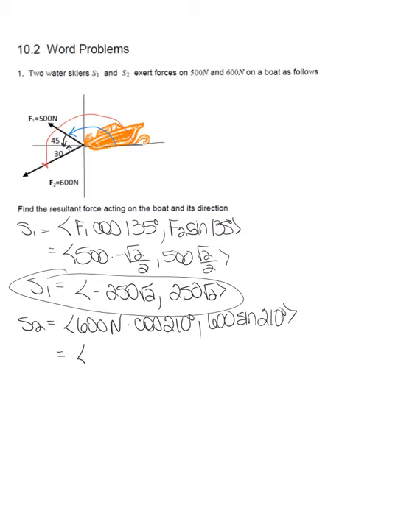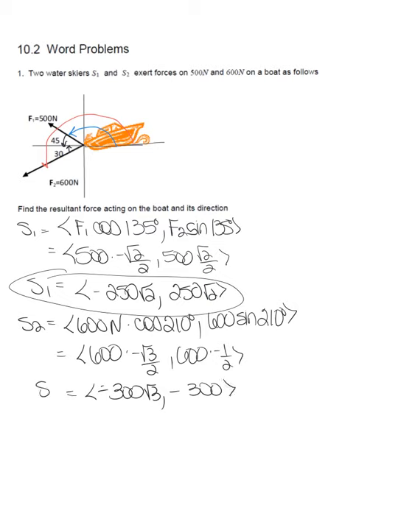And so this is going to give me 600 times the cosine of that angle, which is a negative square root of 3 over 2, and the sine of that angle is a negative 1/2. So I will get the vector having components negative 300 square root of 3 and negative 300.